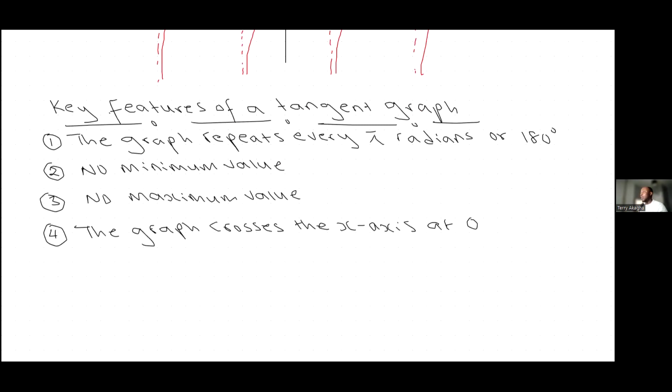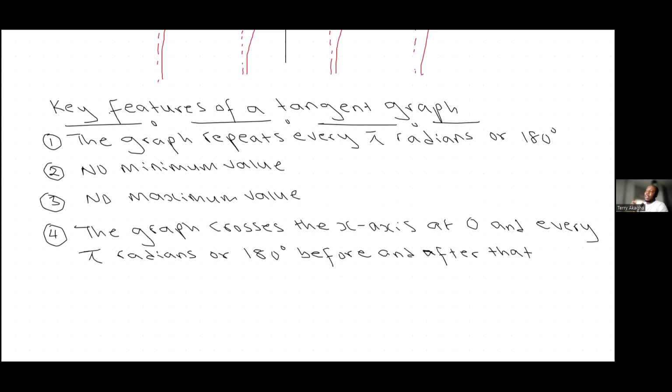And every pi radian, or 180 degrees, before and after that. Okay, so the graph crosses the x-axis at 0 and every pi radian or 180 degrees before and after that.